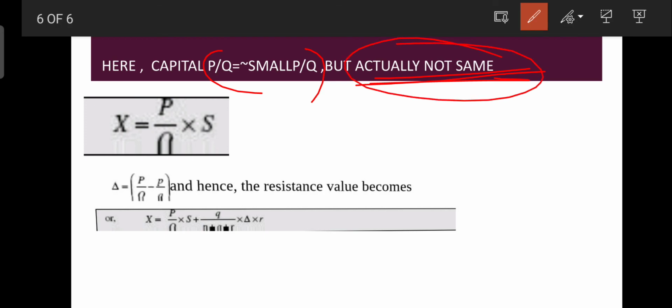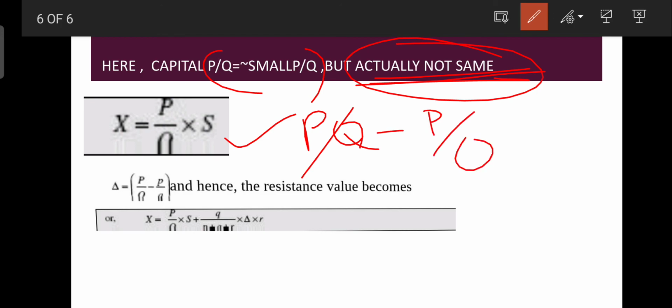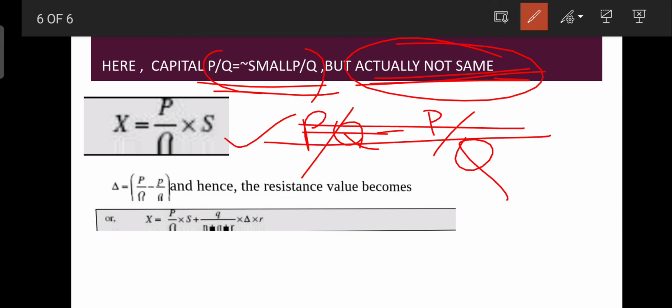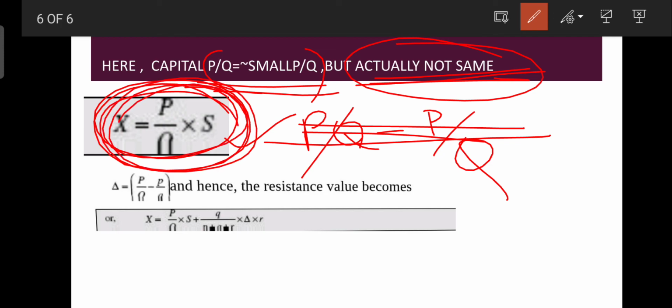So because P by Q minus small p by Q is nearly zero, that term will be cancelled. So the only term left is X is equal to P by Q into S.